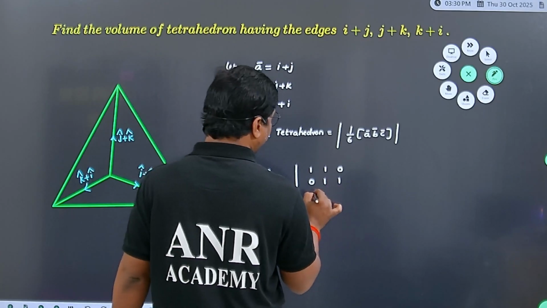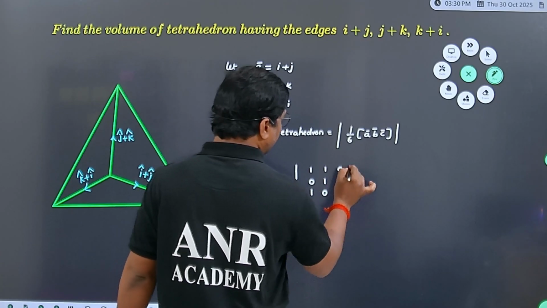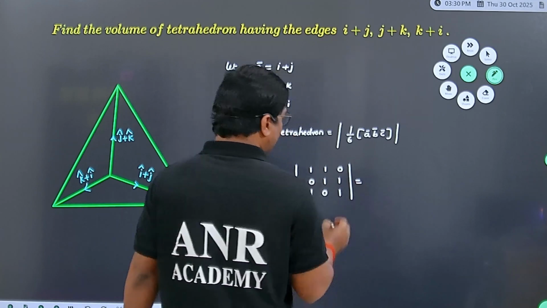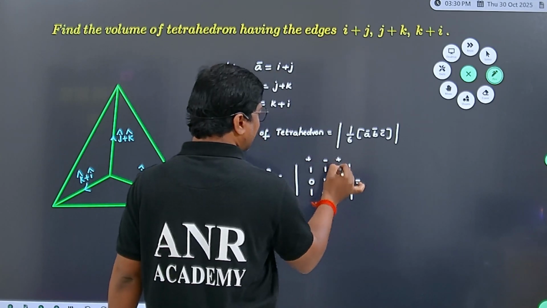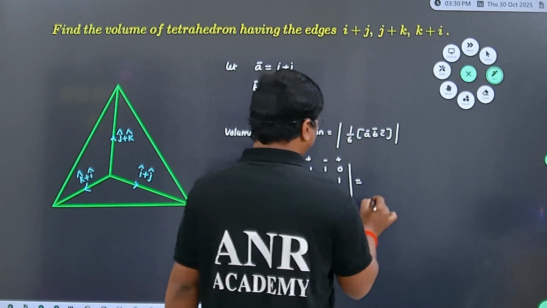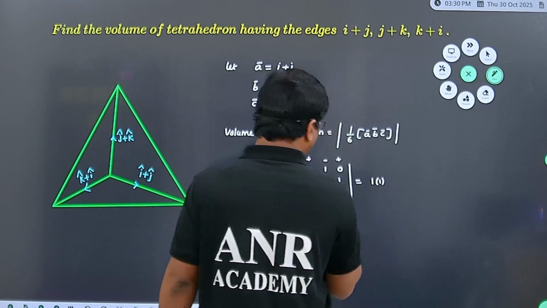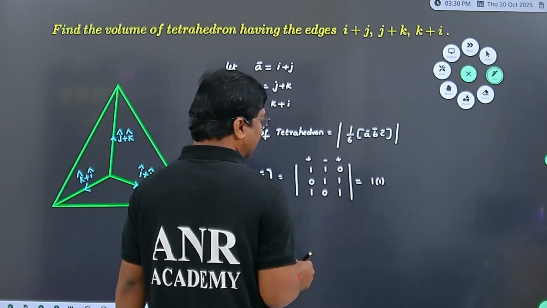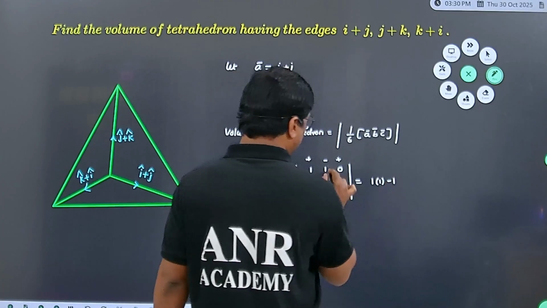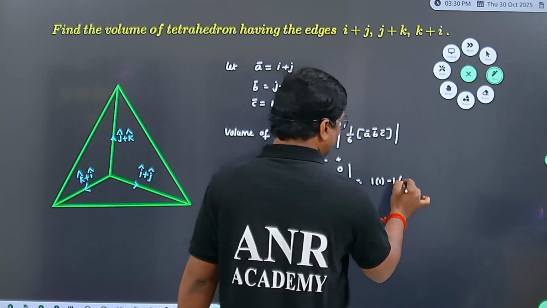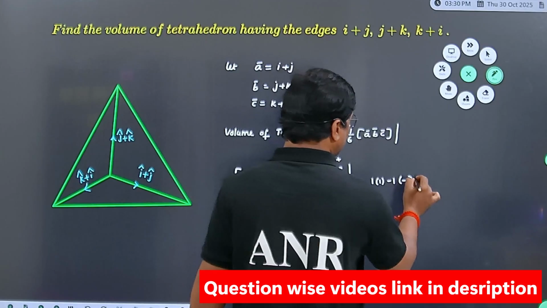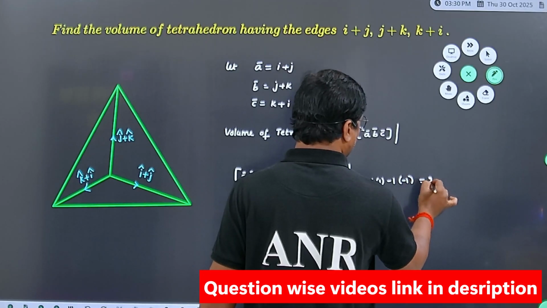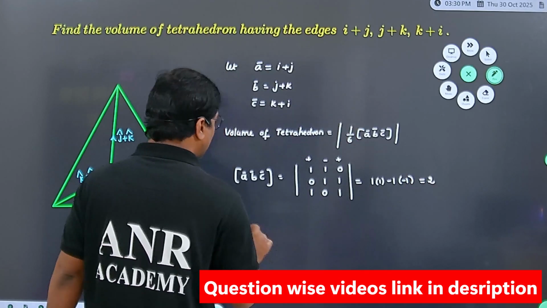In c 1, 0, 1 it is. Yes. Solving the determinant, we get 1 multiplied by 1. Next, minus 1 multiplied by minus 1. Last one 0. So that what we get? Box ABC value 2.